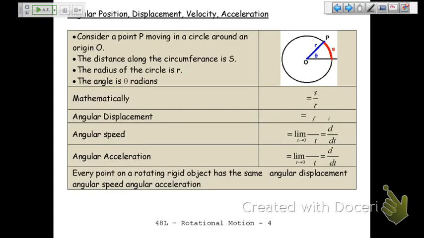What is rotational speed? Well, speed is distance traveled over the time taken. If I want to be vectorial, it would be the displacement over the time taken. Angular speed is the angle turned through over the time taken.